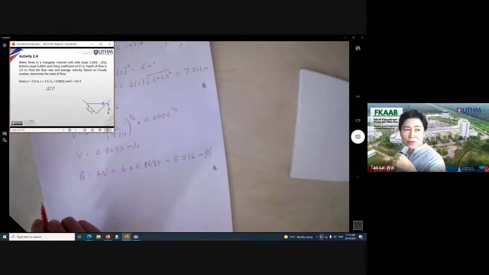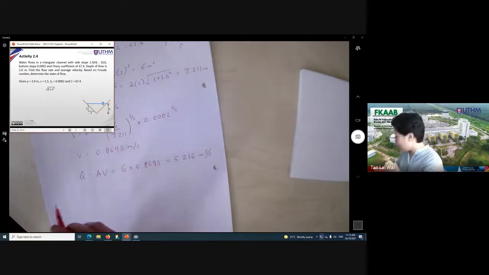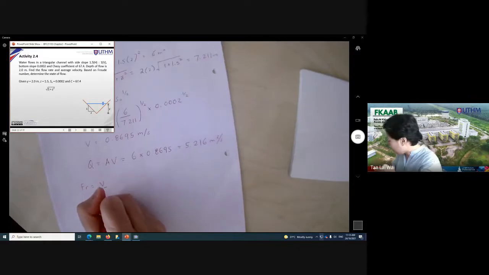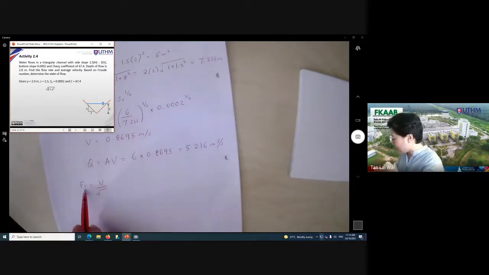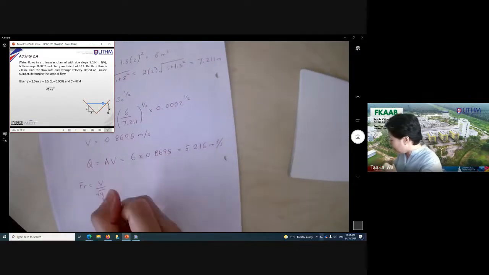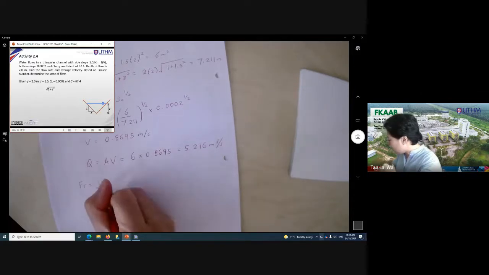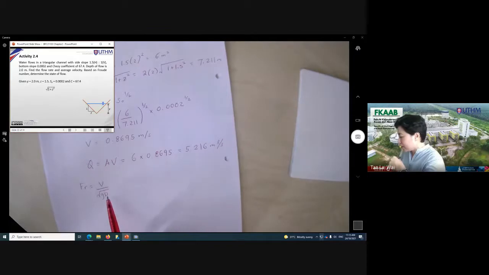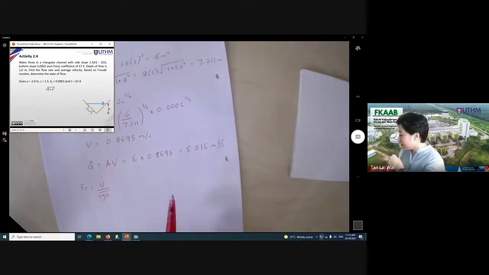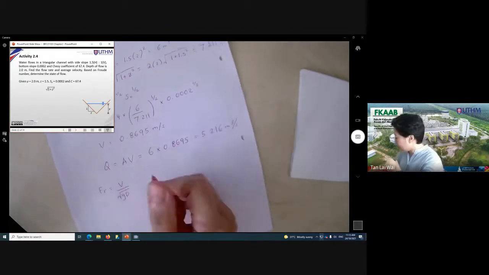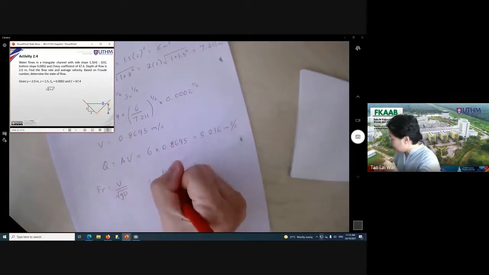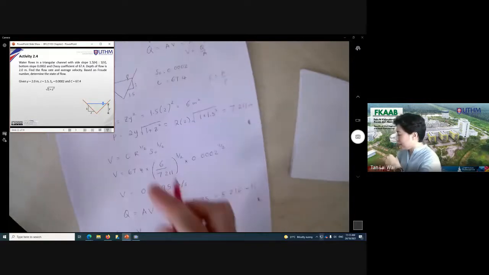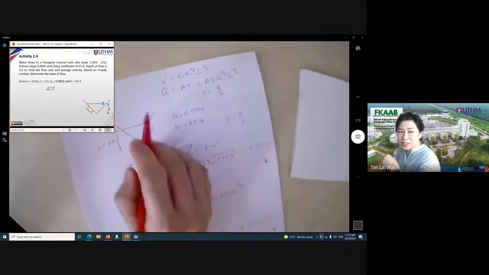Find the rate of flow and, based on Froude number, you need to find the Froude number. Froude number is velocity divided by the square root of g D, where g is the gravitational effect. Now, you need to find the hydraulic depth. Hydraulic depth is given as A over T. Therefore, you need to find T. What will be the T here?